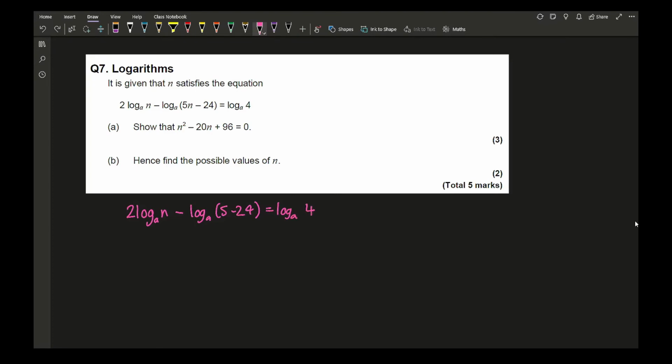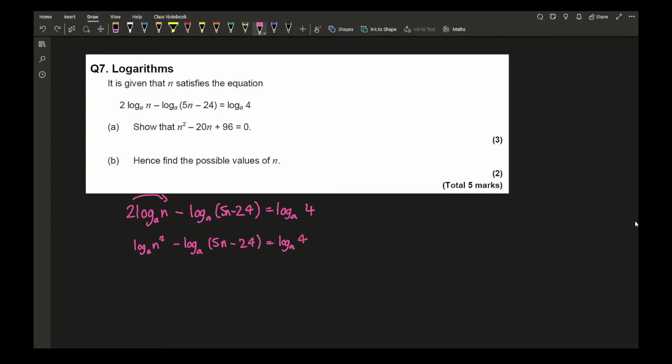Now from this, let's move this 2 over as a power. So I've got log a n squared and then minus log a (5n minus 24) equals log a 4.